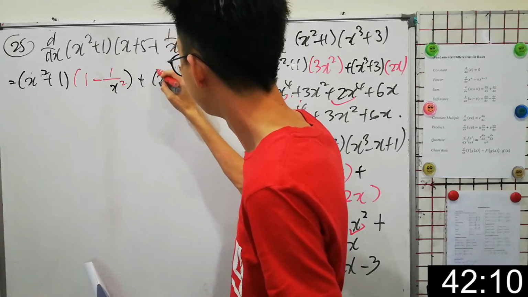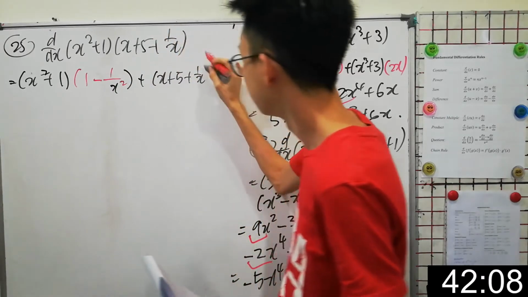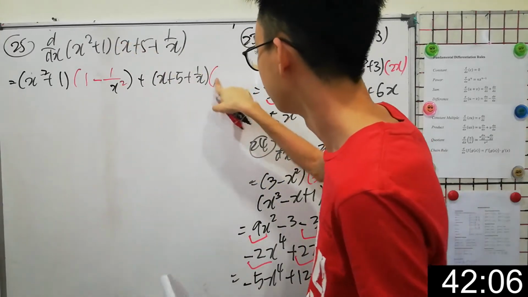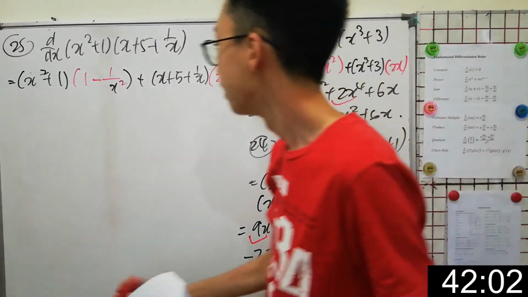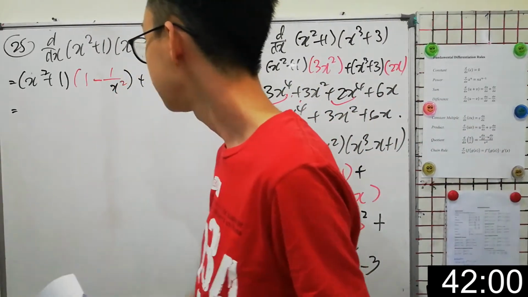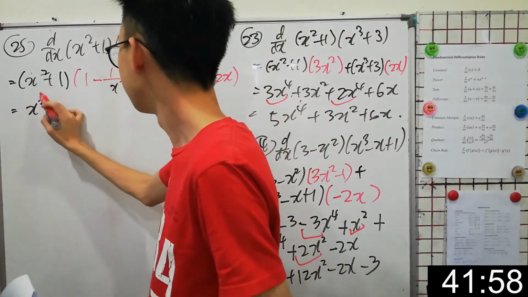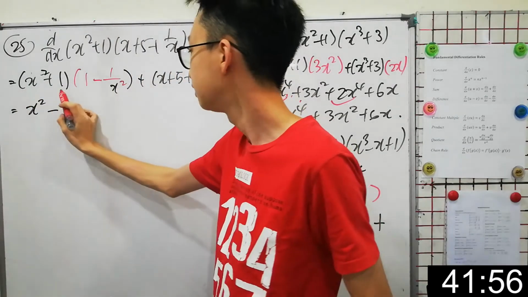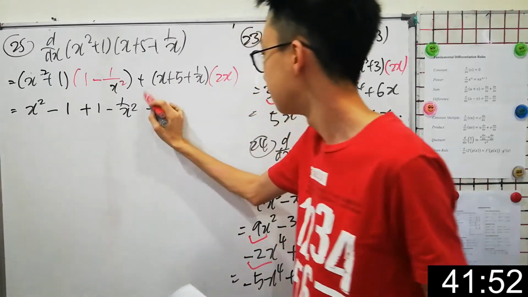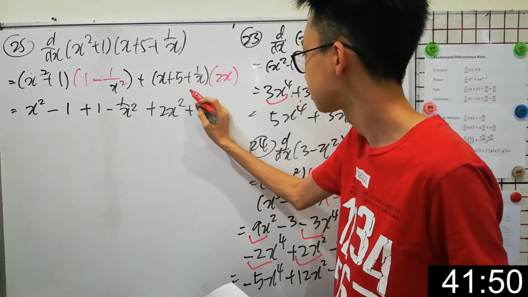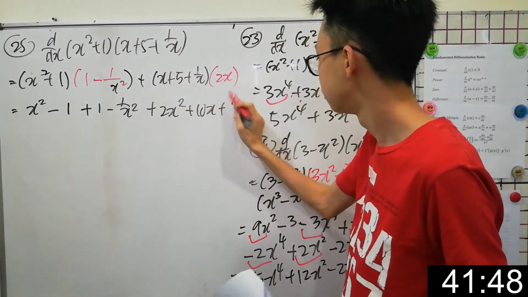Then plus, you copy the second bracket times with, you differentiate the first bracket. So it's a 2x. Okay. Then you just expand this. This should be x squared minus, this and that can cancel, so it's a minus 1 plus 1 minus 1 over x squared, then plus 2x squared plus 10x plus 2.